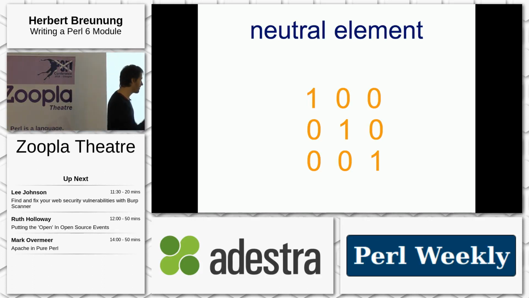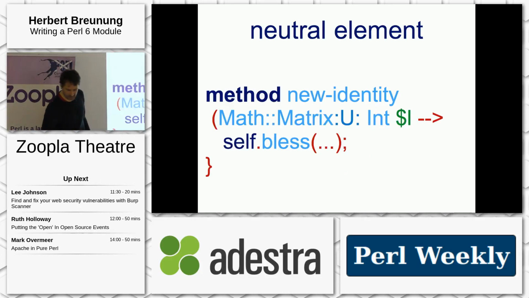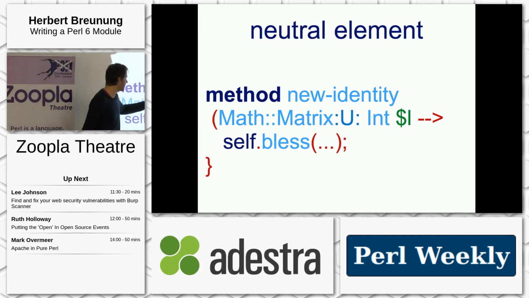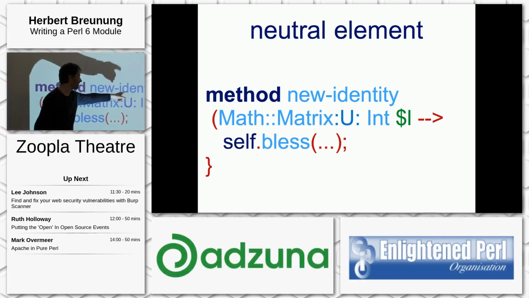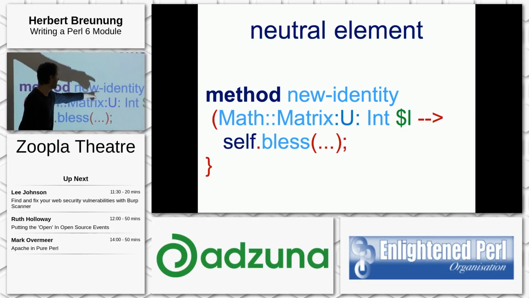We're just giving it one number, as you see in the next slide. You give it one number, and it fills up your matrix. So you don't provide data, you provide other properties. That's why I called this new-identity.